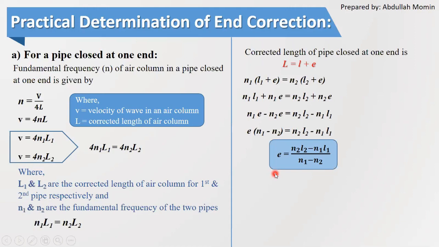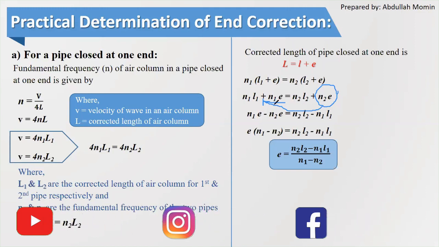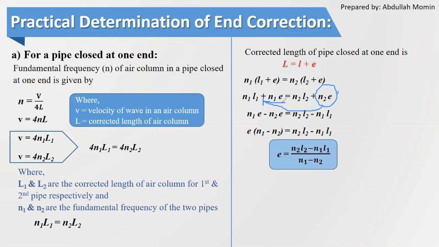We have another formula also. So what we have done here in this equation, we brought this term from one side of the equation to the other, right? We have kept N1 E as it is. Now this term we will take to the other side of the equal sign, and this term N2 L2 we will take to the other side.